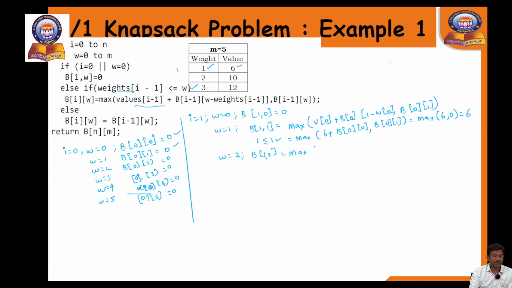So which is equal to max of, and w equal to 2, so value of 0 plus b of 0 2 minus w of 0 comma b of i minus 1 w, that will be equal to 0, and w value is equal to 2, and you will get the maximum value, that is max of 6 plus b of 0 of 2 minus 1 comma b of 0 2, that will be equal to max of 6 comma 0, which will be equal to 0.